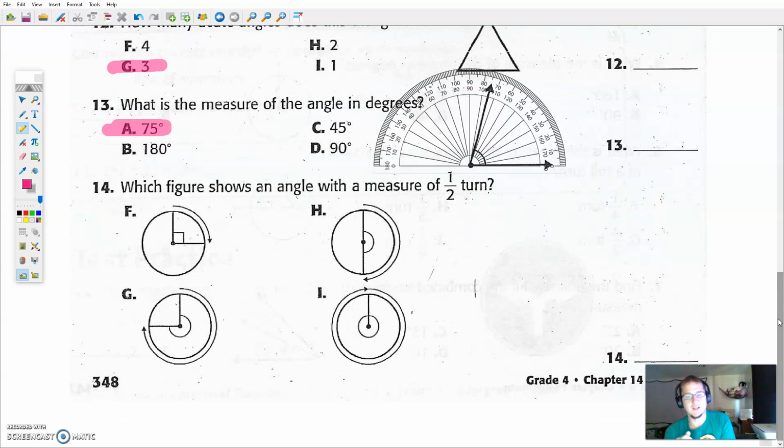And then this question here deals with those turns again. If a whole circle is 360 degrees, which of those is going to be a 180 degree turn, or half of the circle? That is this one there, because it goes half of the circle.